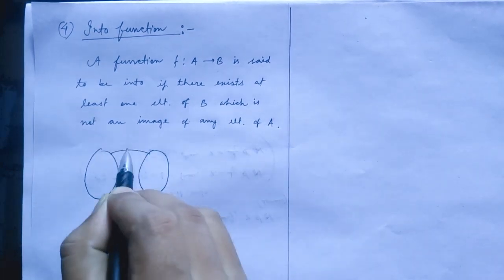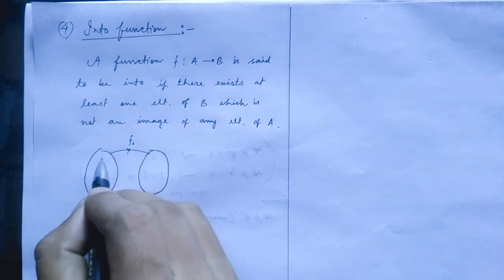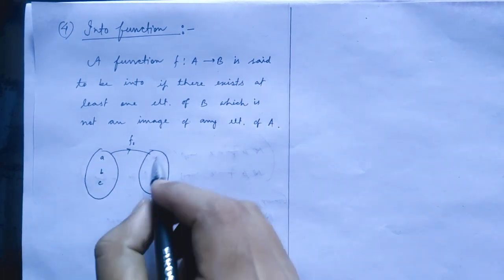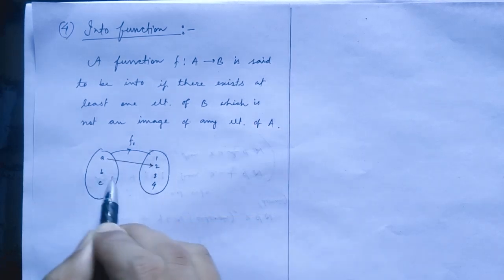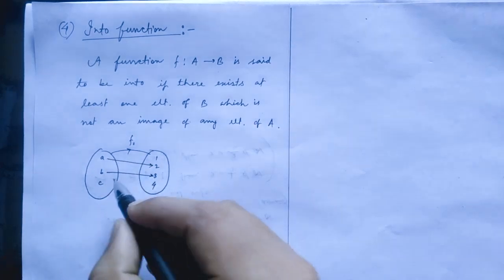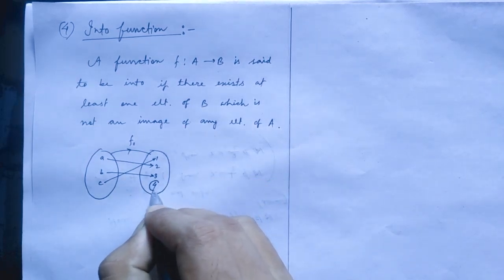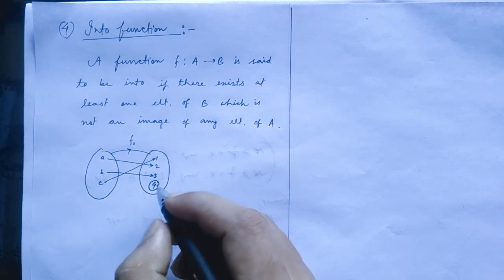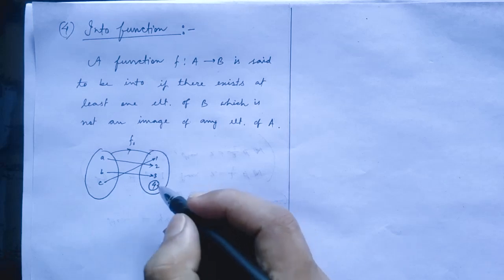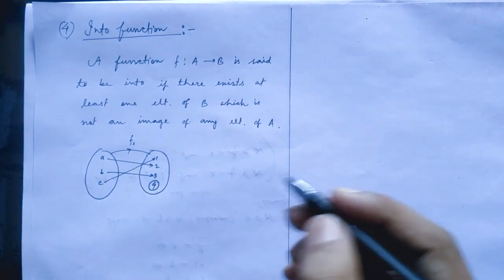So this means, if you take some example, suppose f1: A is a, b, c and B is 1, 2, 3, 4. Suppose a is related to 2, b is 3, and c is 1. Here the element 4 has no pre-image. In this case the function is an into function.